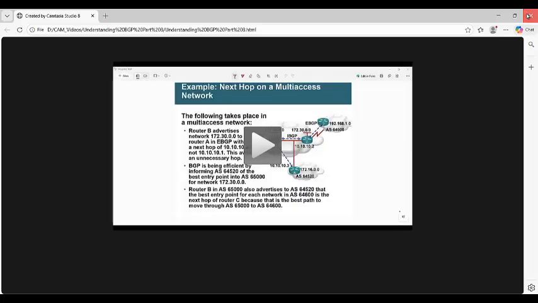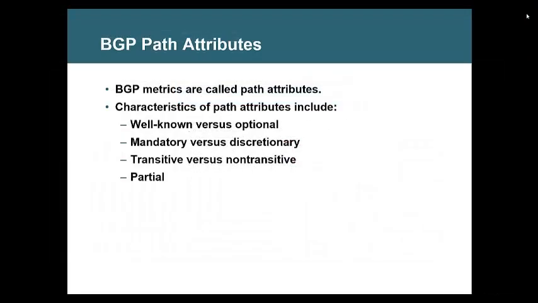We need to understand the types of attributes. When we understand the attributes and what they do, we will be able to use the right attributes to configure to achieve what we want.